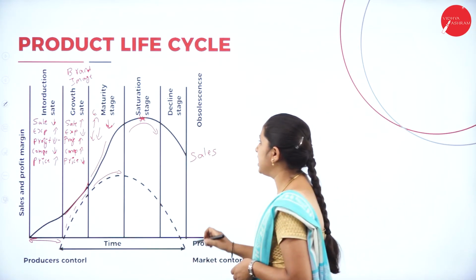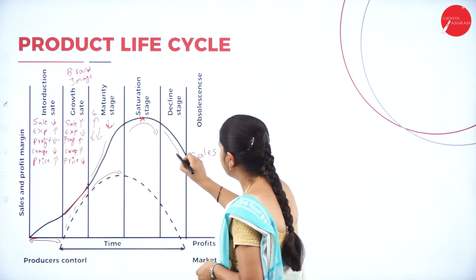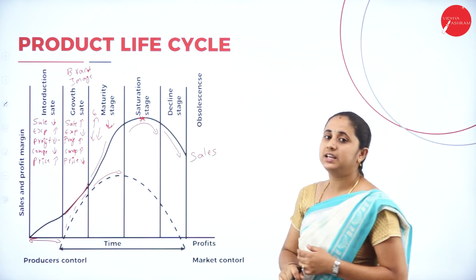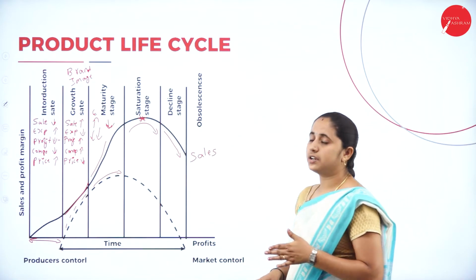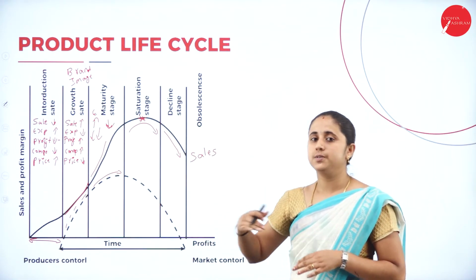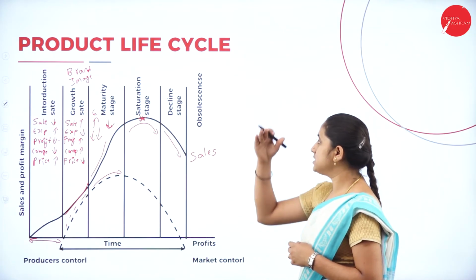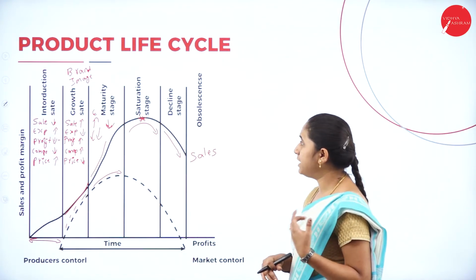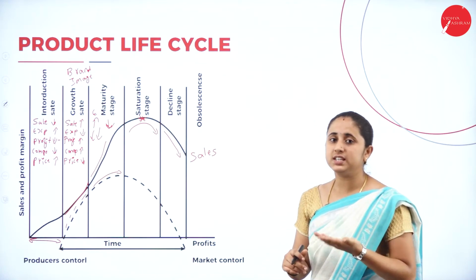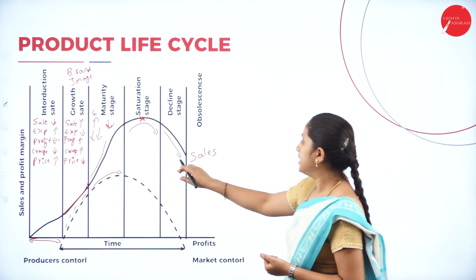Next, the decline stage. In the decline stage, there is a sharp decrease in sales. Your sales come down. So here you can make a strategy by reducing the price. You already reduced the price.